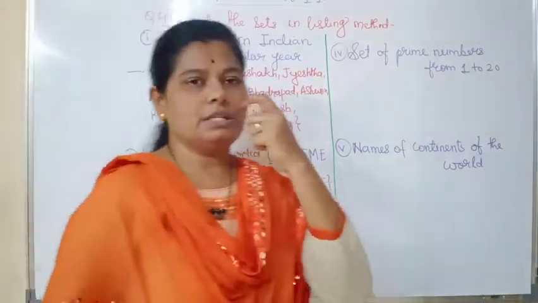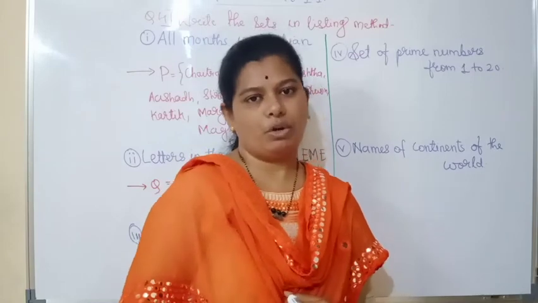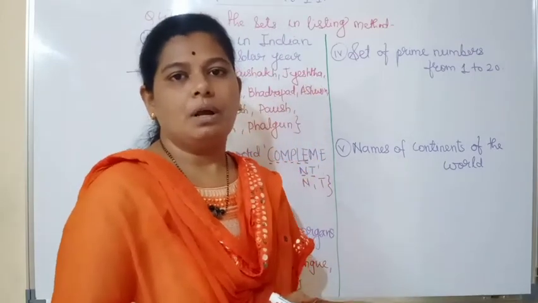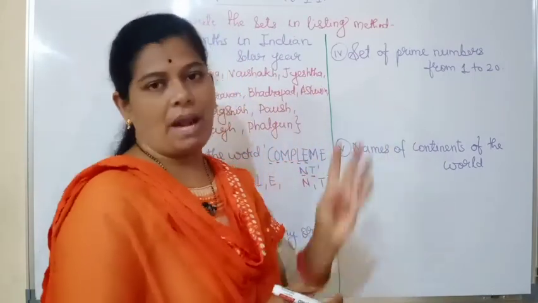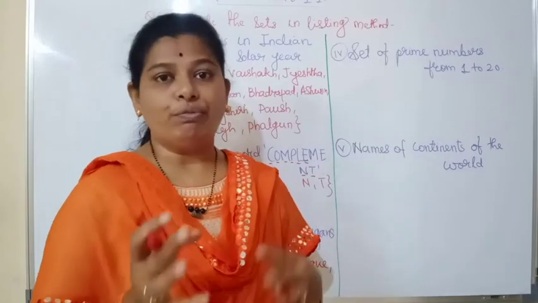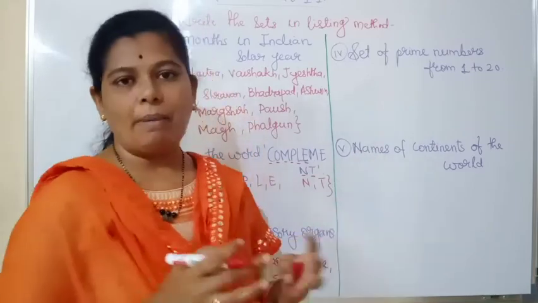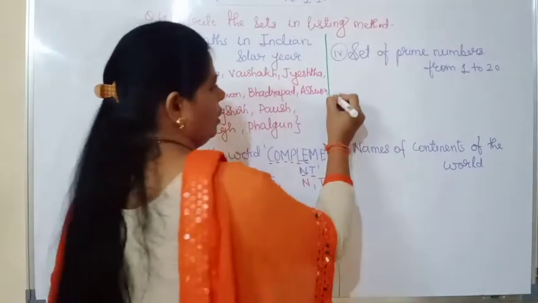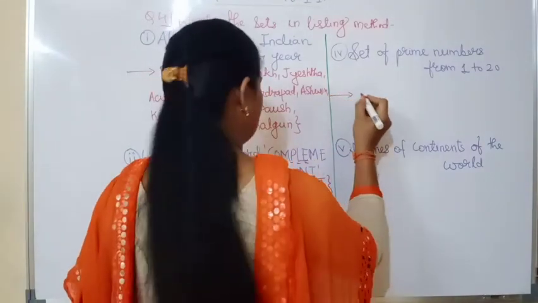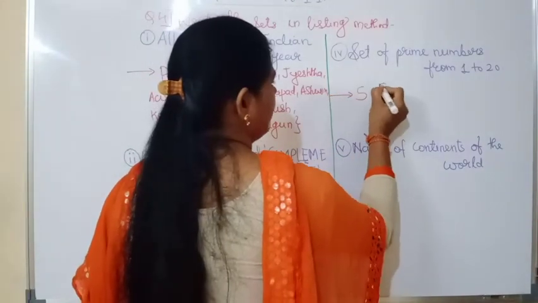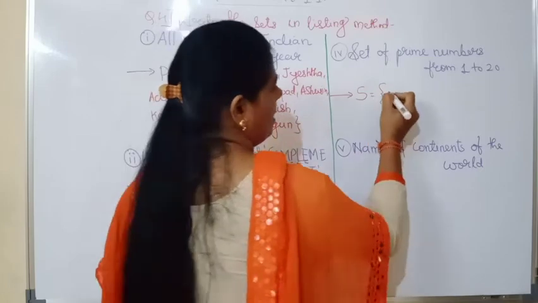Next is the set of the prime numbers between 1 to 20. In our previous question we have seen about the prime numbers between 1 to 50. So here we have to write the prime numbers only up till 20. So I will write the name of the set as S. S equal to, which are the prime numbers?